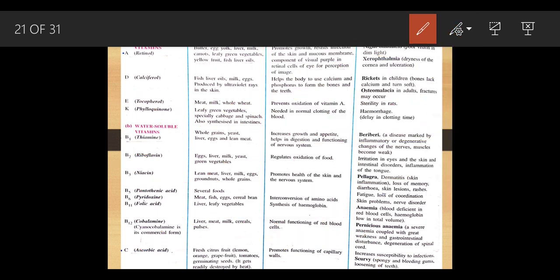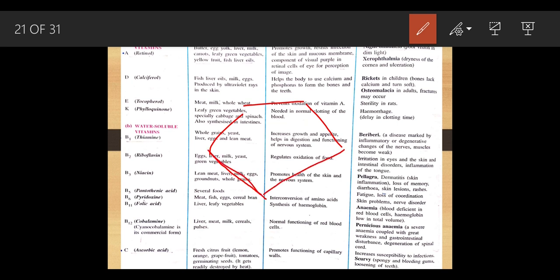Now we are going to move toward the next, that is vitamin B5. Vitamin B5 is called pantothenic acid. Why is it called pantothenic? Because you have heard this word pentagon in 8th standard, there is a shape. What does that mean? Pentagon means like this.